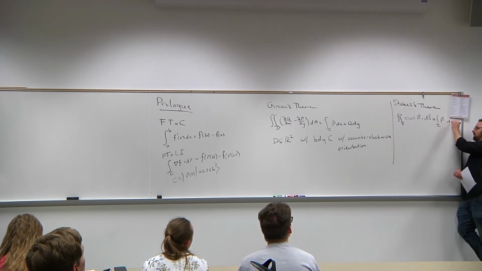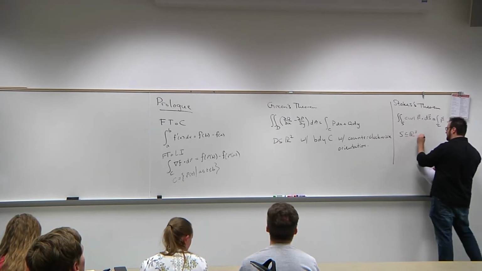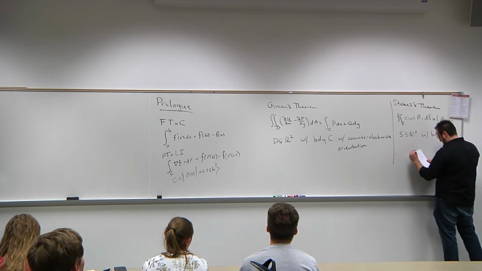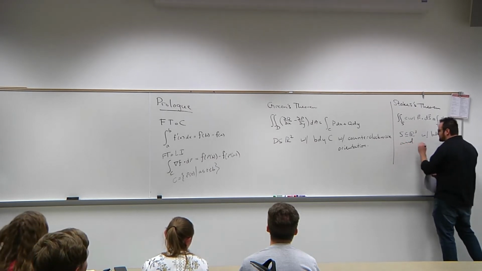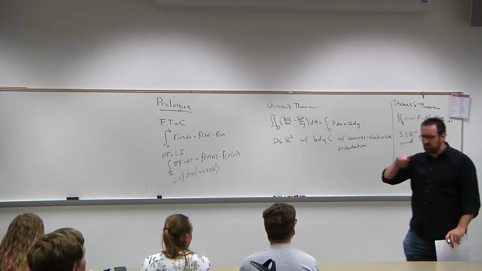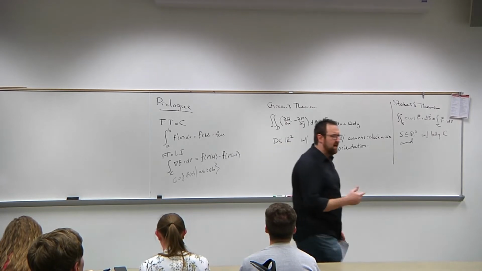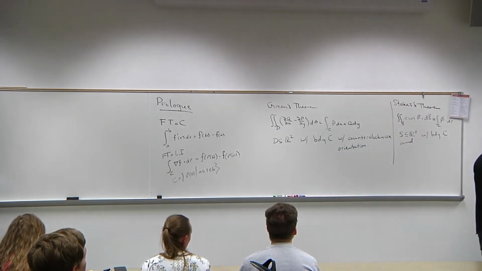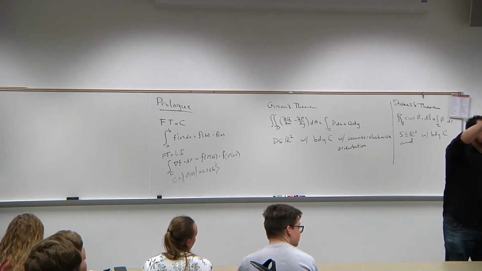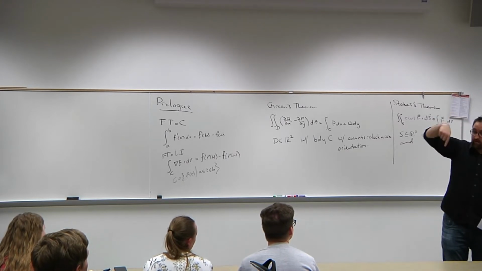F dot dr. And S is some surface in R3 with boundary C. And what's true about their orientations? What's the orientation on C? It's telling you which way to traverse it, right? So it's kind of picking a tangent vector direction. How do you orient a surface? It's the normal, right? The normal tells me which way to orient the surface. There's only two choices at each point, one way or the other.